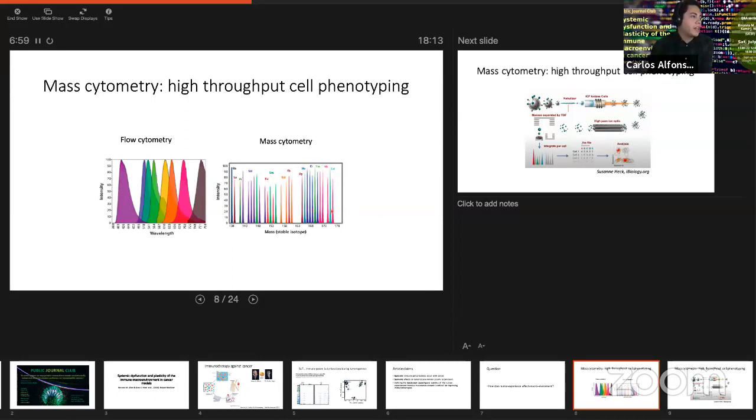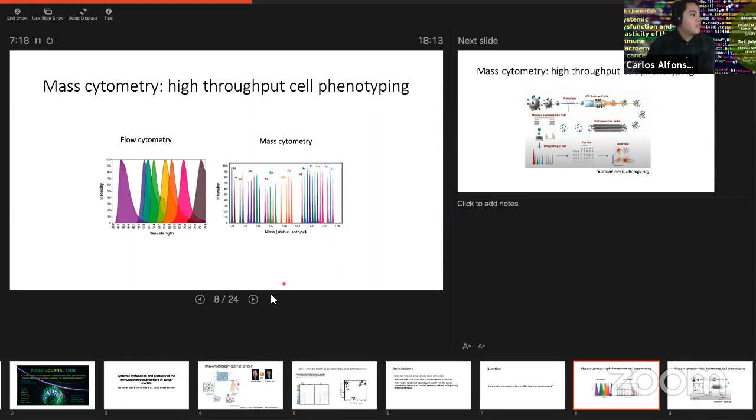And the way we can use the mass allows us to use many more combinations of isotopes to mark the cells. We can use many more combinations that will allow us to do really high throughput cell phenotyping, in which we can use several markers at the same time and then pool all the cells at the same time to do really high throughput experiments.